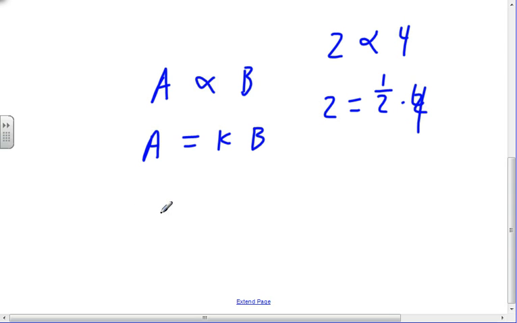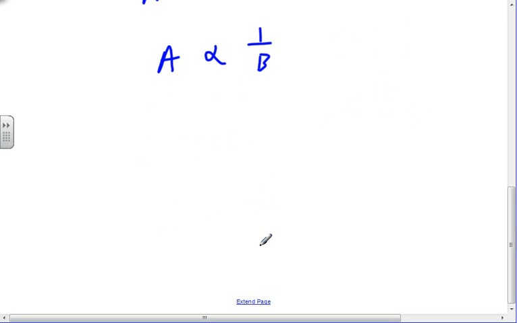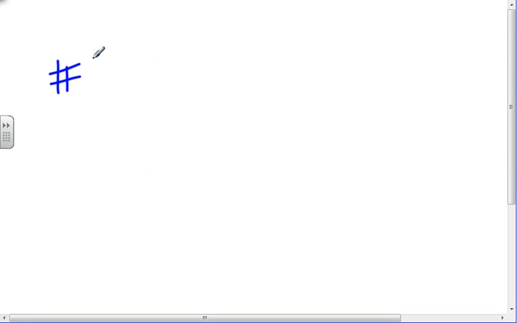Well, if A was inversely proportional to B, A would just be equal to K over B. Yes, Virginia, we will cover every single piece of math trivia ever cited in the world before the end of today. No, maybe not.